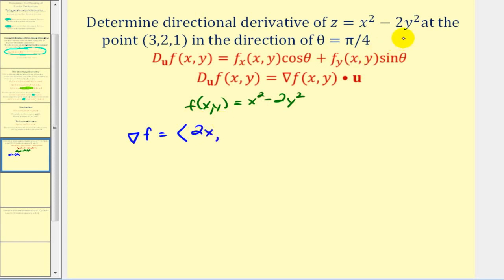And the y component will be the partial of f with respect to y. That'll give us negative 4y. And then the unit vector forming the angle theta equals pi over 4 is going to be cosine pi over 4, sine pi over 4. And so the directional derivative will be the dot product of these two vectors.